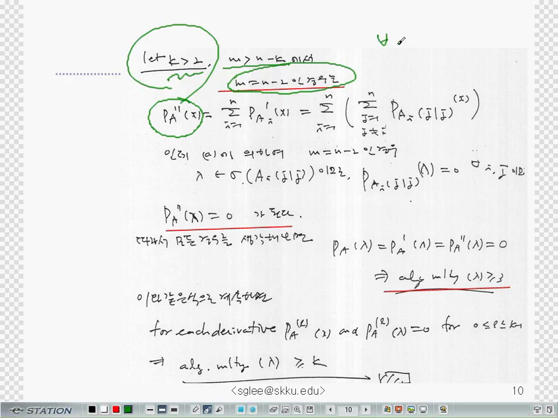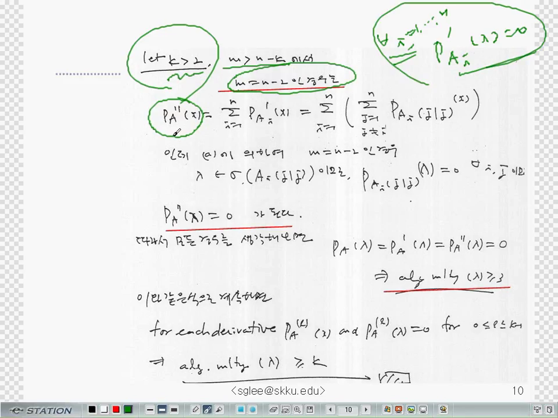But we already know P_Ai prime of lambda is equal to 0 for each i from 1 to n, isn't it? From the beginning, if k is greater than or equal to 2. So we now think this is the summation of this.